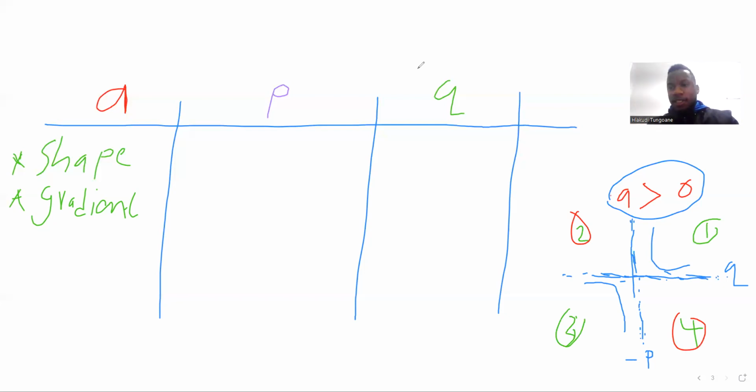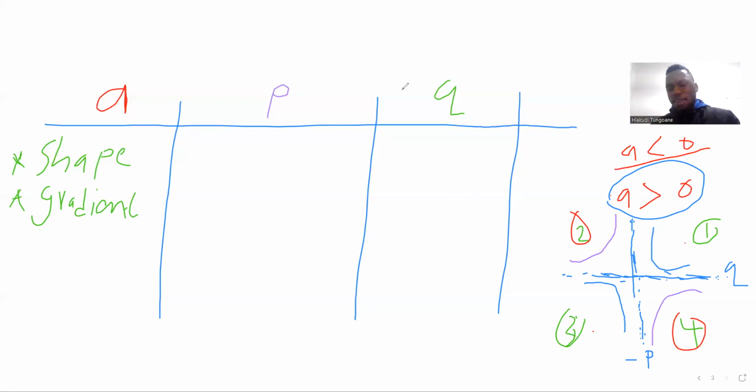If A is positive, your graph is going to be in the first and third quadrants. If A is less than 0, in other words negative, your graph is going to be in the second and fourth quadrants.